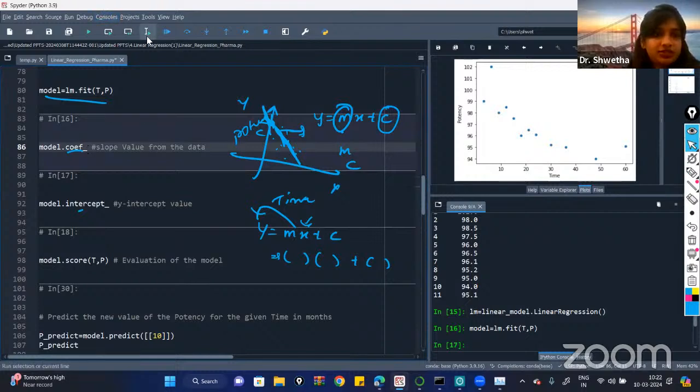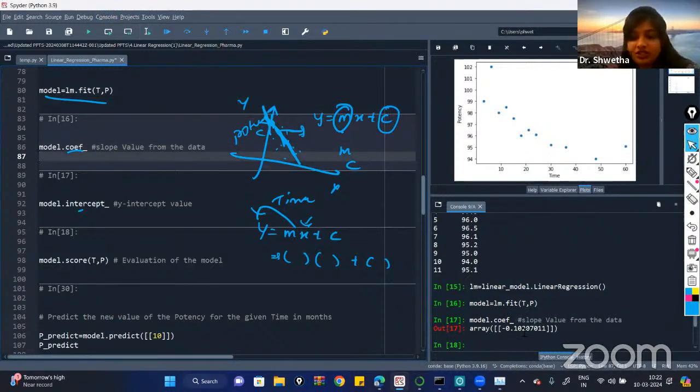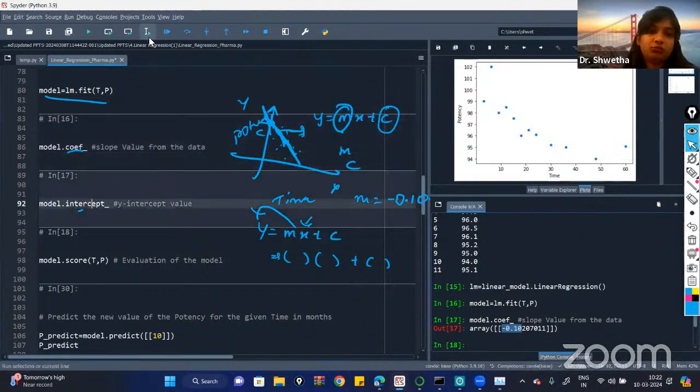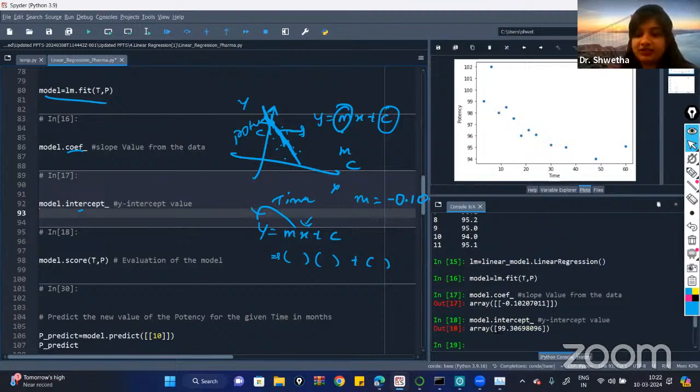Let me execute this line. model.coefficient has given that the coefficient value is minus 0.10. Okay, our M value is minus 0.10. Next, if I execute model.intercept, this is giving me 99.3.